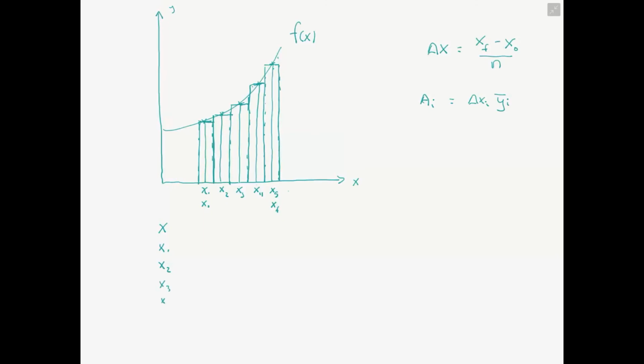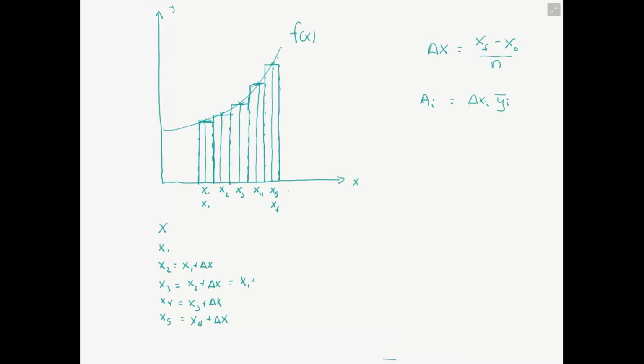And we have x2, x3, x4, x5, and that is equal to x1 plus delta x, equals x2 plus delta x, equals x3 plus delta x, equals x4 plus delta x.